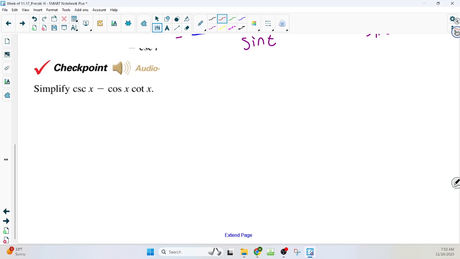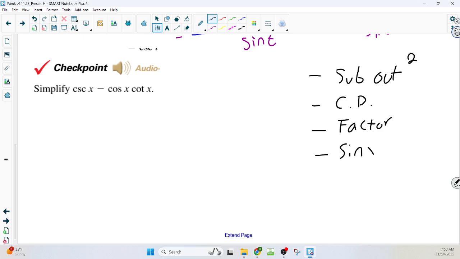Now remember, you can pause the video and give this problem a try, obviously. But remember that a big part of this is just trying something. You get a couple different techniques. I'm going to list them: you can sub out something with a squared, you could do a common denominator, you could factor, or you could change to sine and cosine of x.